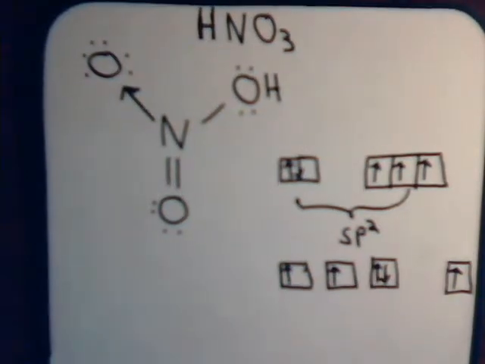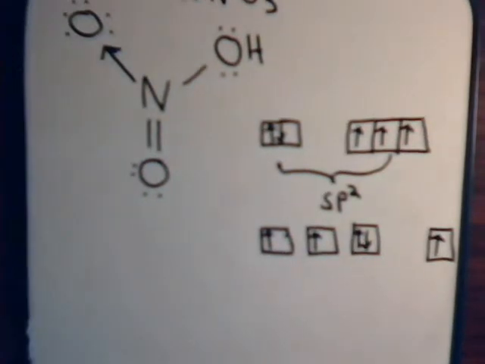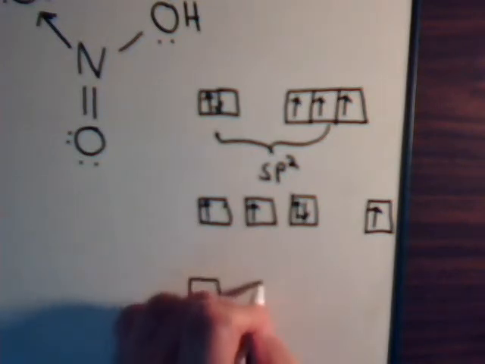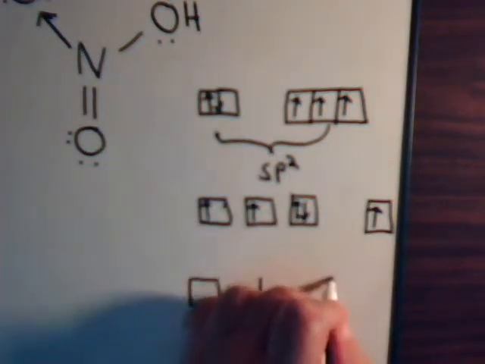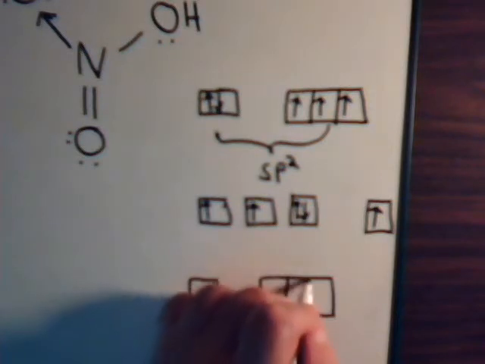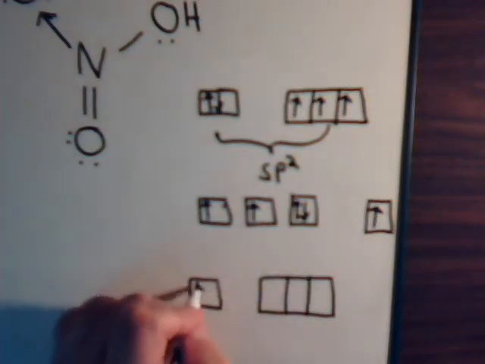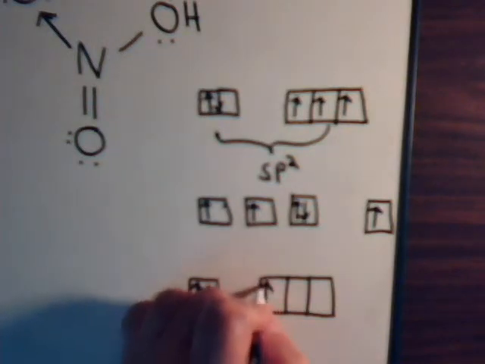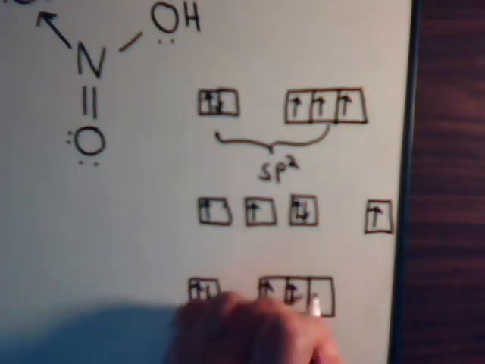To do that, we're now going to consider the block orbital diagram for oxygen. Again, 2s has a pair of electrons, and then the p orbitals are like this.